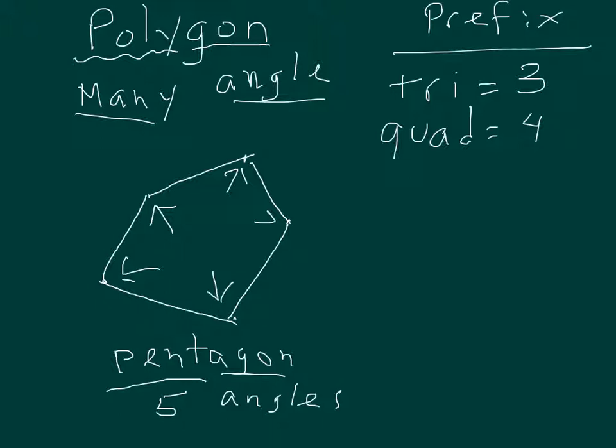And now we know pent or penta means 5. Pentagon, 5 angles. What about 6? Number 6? That's right. Hexa is a Greek prefix for 6. 7?